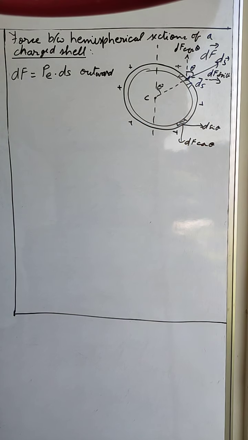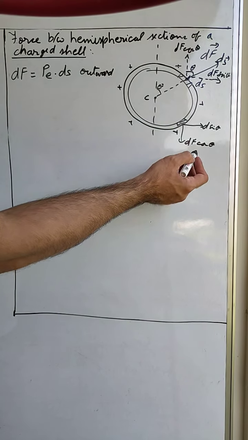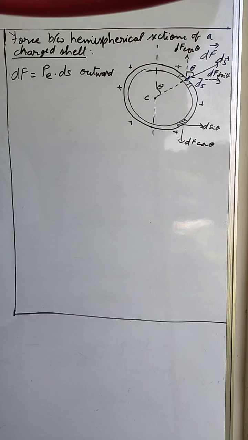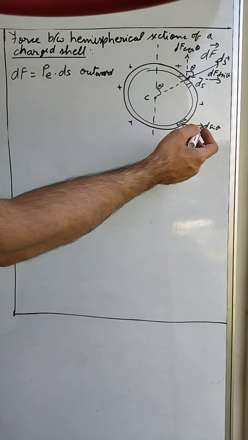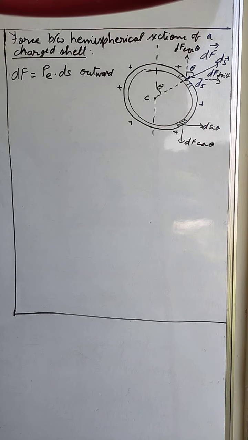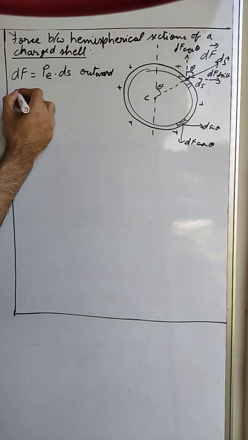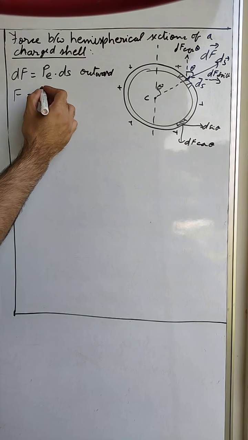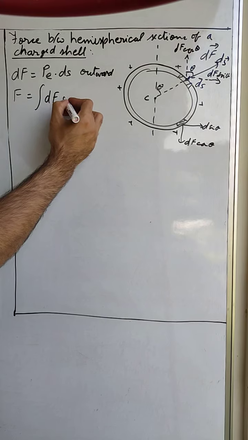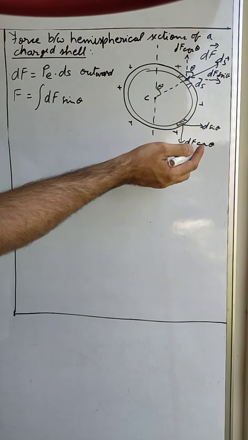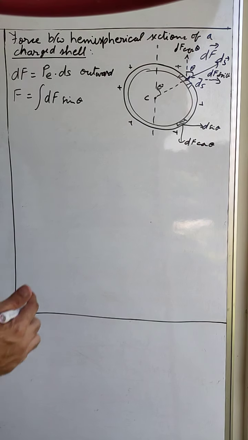So if all the corresponding areas ds are taken on a hemisphere, then we can see that all the df cos theta components will cancel each other, and all the df sin theta components will add. So the net force, we can write in the integration form, will be given by the integration of all df sin theta on the hemispherical surface.